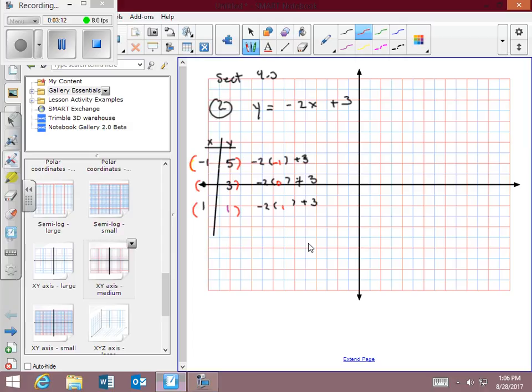Now I put -1, 5. So I come back 1, and I go up to the top of here. This particular point right up here is a -1, 5. Then I'm going to go 0, 3. So that would be this point. And then 1 and 1. So I go out 1, up 1.